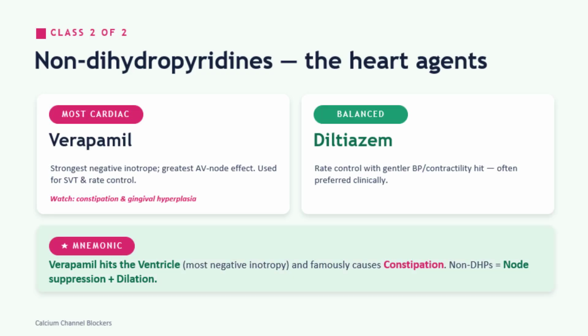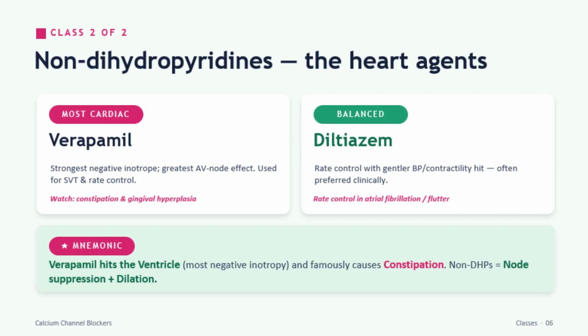Now the pump family. Here is the good news: there are only 2 members to memorize, verapamil and diltiazem. My little trick: V and D are not dipine. They do not end in dipine, so they are not pipe drugs, they are pump drugs. Verapamil is the most cardiac of all.